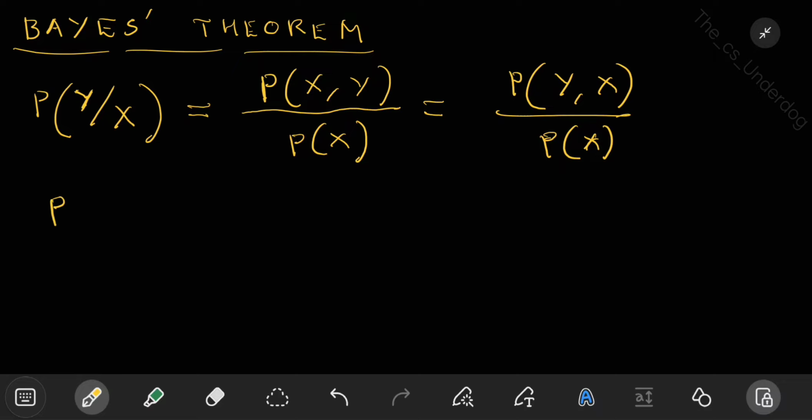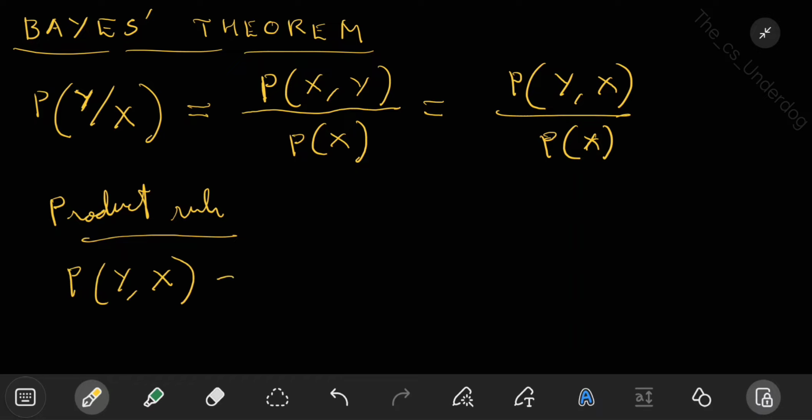Now let us take the product rule again. From the product rule, we learned how to find the value of P of xy. Instead of xy, let us this time write it as yx. What will P of yx be according to the product rule? It will be probability of x given y into P of y, right?